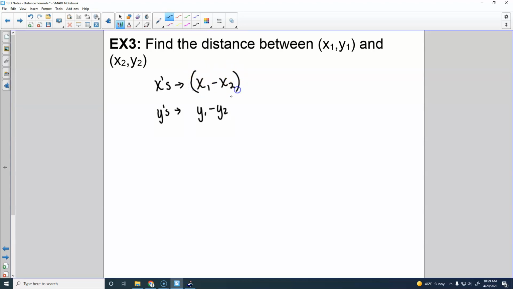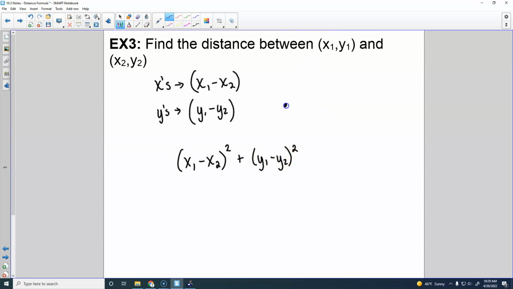Well, I don't have a number to put into Pythagorean theorem like I did for the other problems, right? But let's say that this I have in parentheses here is my horizontal side. So that's the length of the side. I need to square it. This is the length of the vertical side.